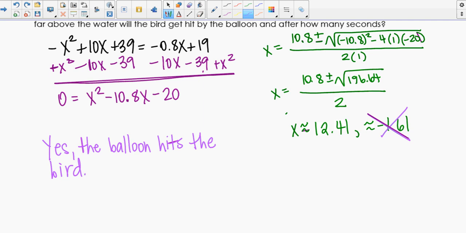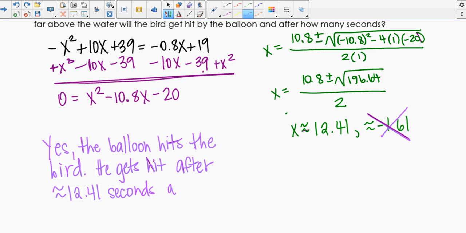And it says, how far above the water will he be hit by the balloon after how many seconds? He gets hit after about 12.41 seconds. And he is, okay, we need his height above the water. Okay, I'm going to go back to the easier equation, which is the y equals negative 0.8x plus 19.